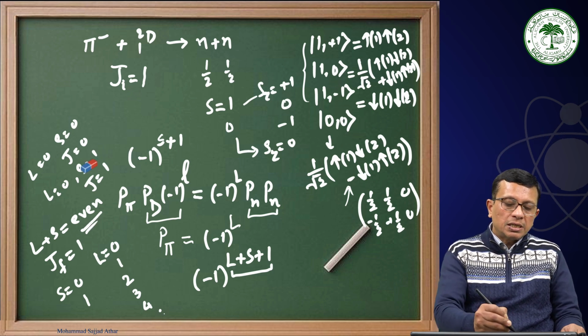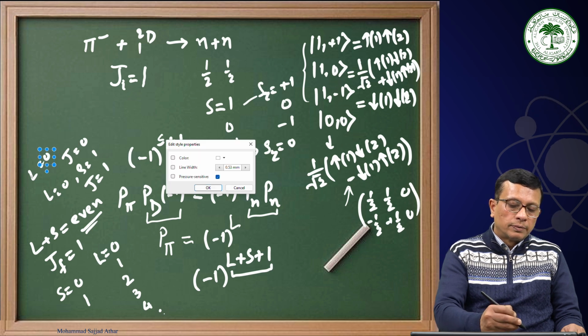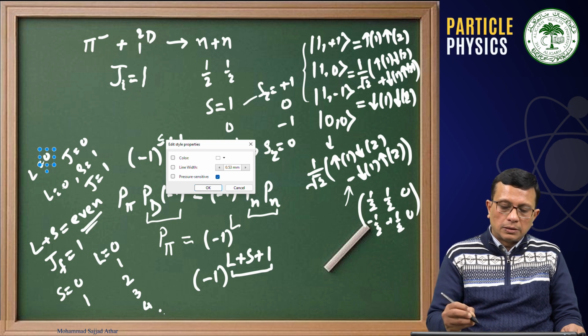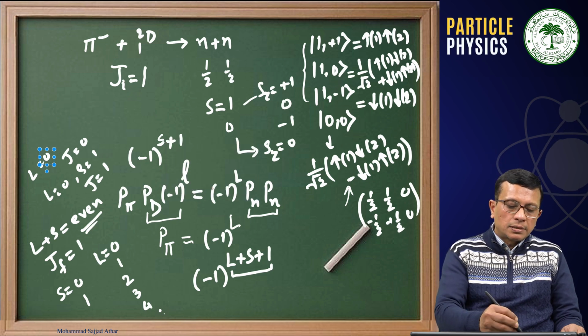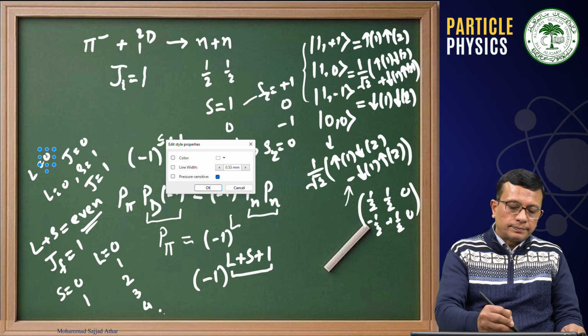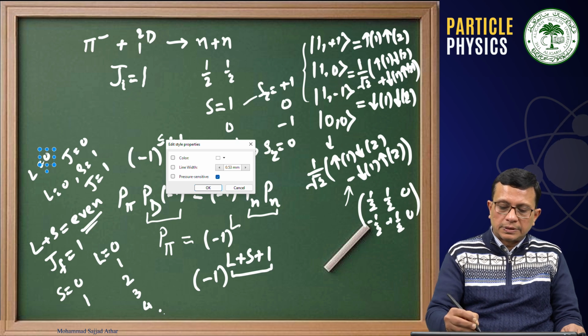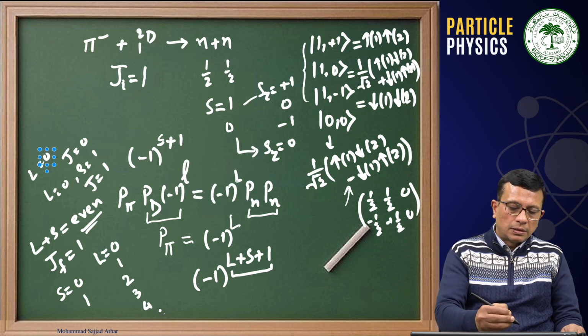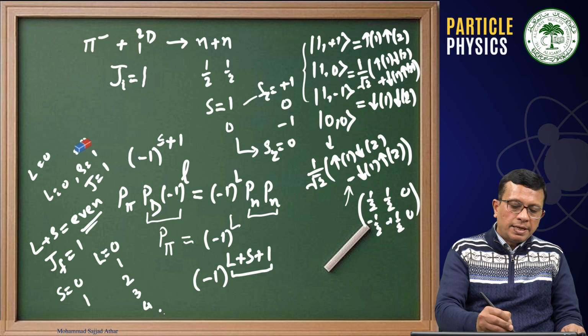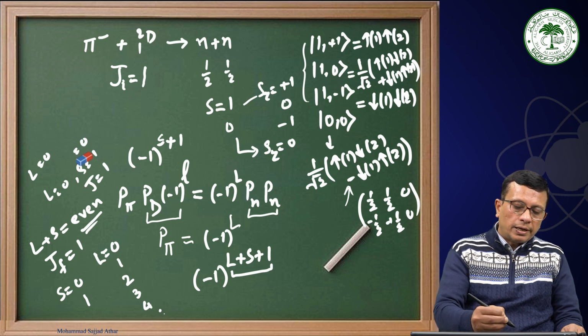Therefore, L is 0, S is 0, or L is 0 and S is 1, these are not possible.